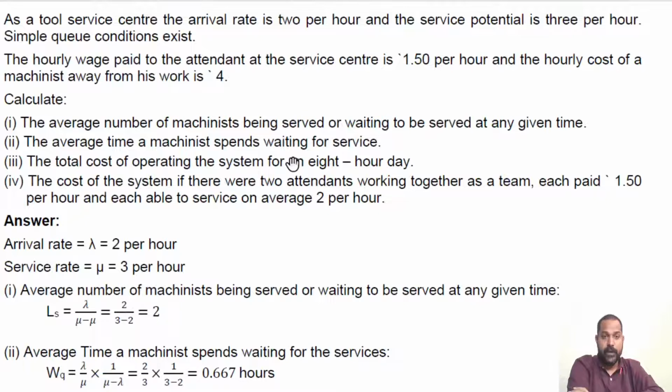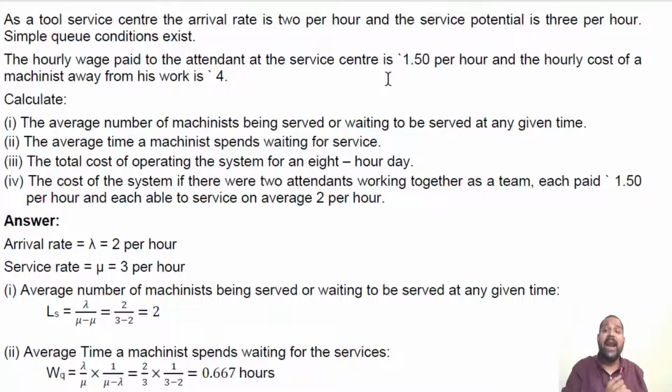Number 3, the total cost of operating the system in an 8-hour day. Okay, now you are asking me costing. Let me understand the costing. The hourly wage paid to the attendant. So there is an attendant who is attending to these people. You are paying him at a rate of 1.4 rupees. And hourly cost of a machinist away from work. What do you mean by away from work?